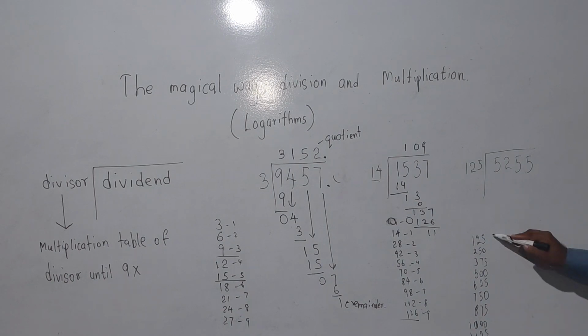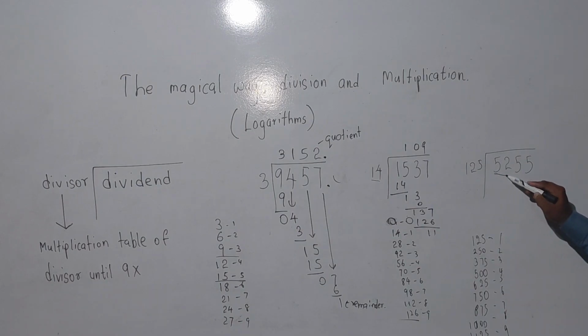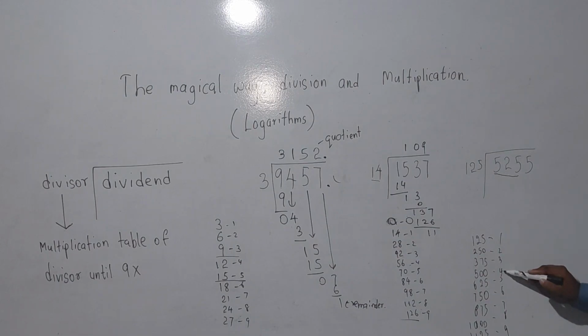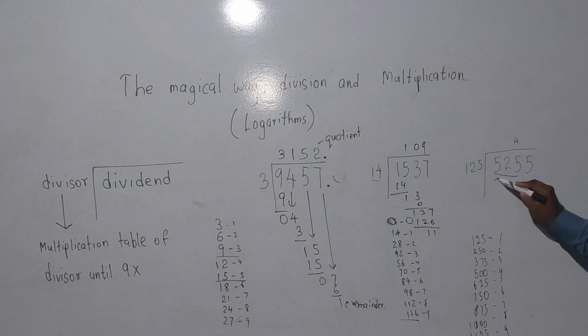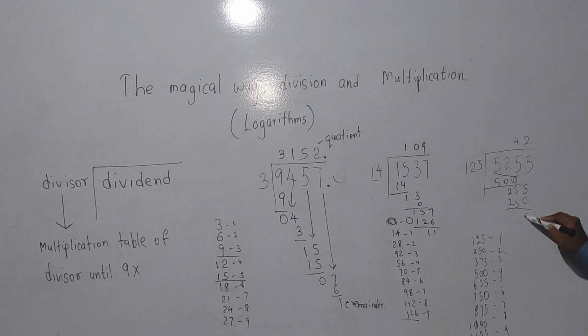I wrote until 125 times 9. So 52 has no 125. So 525. How many? 4. 4 times 125, 500. Remainder is 25. For 255, how many? 2. 2 times 125, 250. Remainder is 5. That's how we divide.